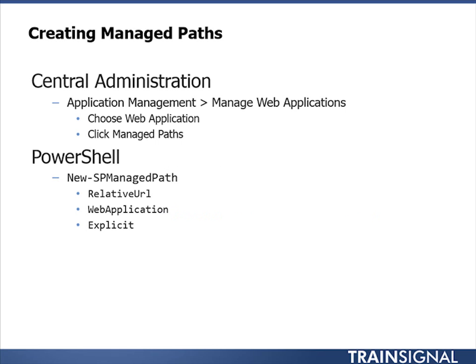Now to create a managed path, as always, we've got two options: Central Administration and PowerShell. In Central Administration, this is going to be done by going to Application Management, Manage Web Applications, choosing the web application, clicking on Manage Paths, and then making the appropriate modifications inside of there.